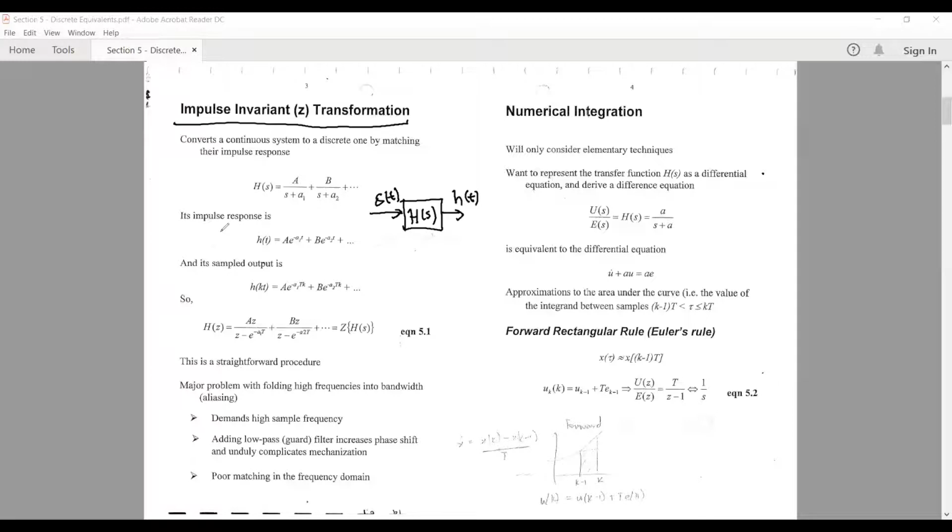In a similar way, in the S domain, the impulse response is given as this.